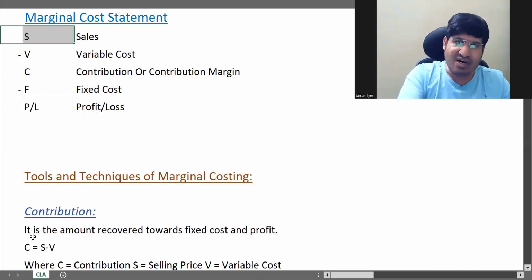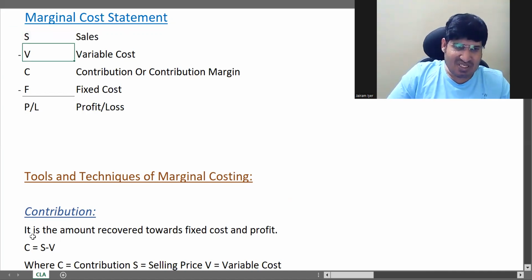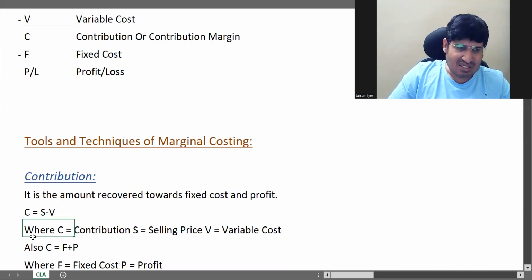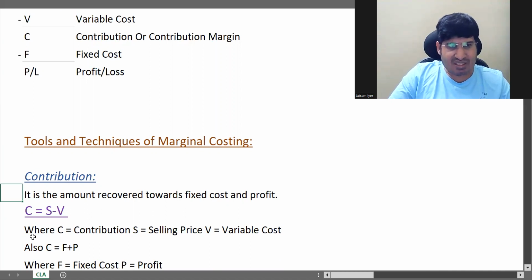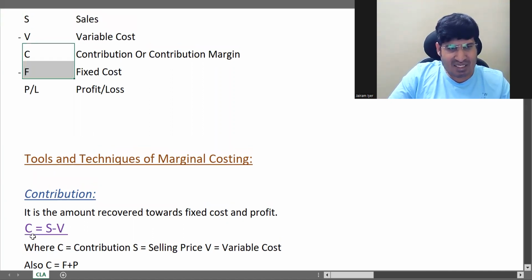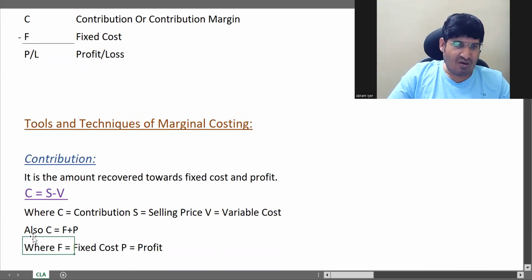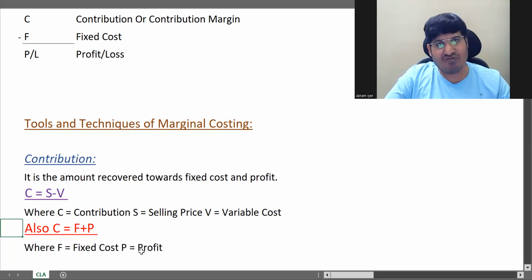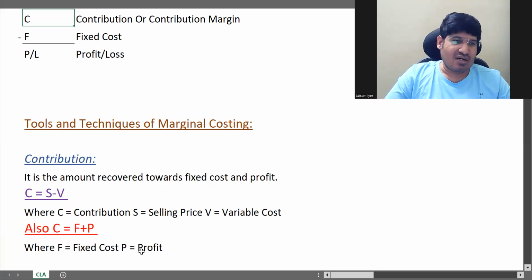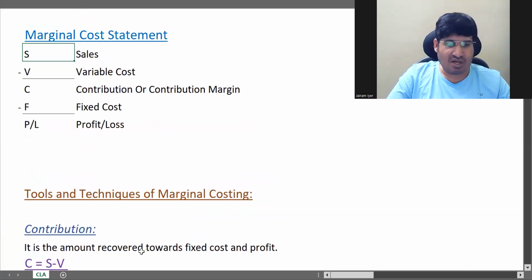Here we are writing it in vertical form, right? It's S minus V is equals to C. Okay, so that is what is here. Okay, C is equals to S minus V. There's another equation here. C minus F is equals to P, profit or loss. Okay, or what you can say, C minus F is equals to P, right? If you bring F this side, you will get C is equals to F plus V. So this is not any new formula. You can just derive it directly from your marginal cost statement.